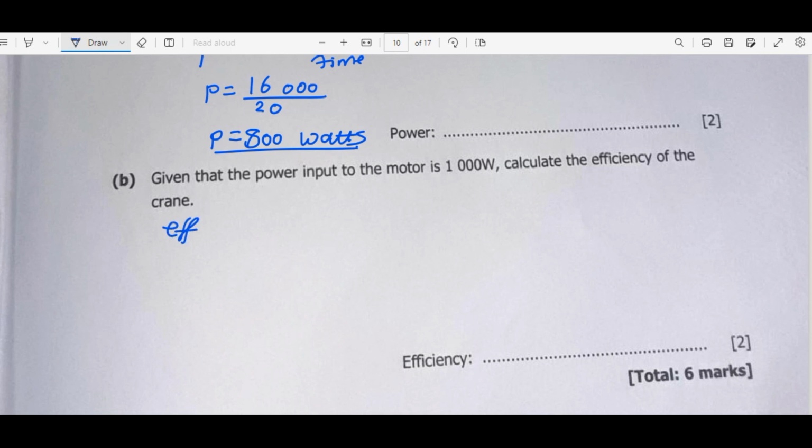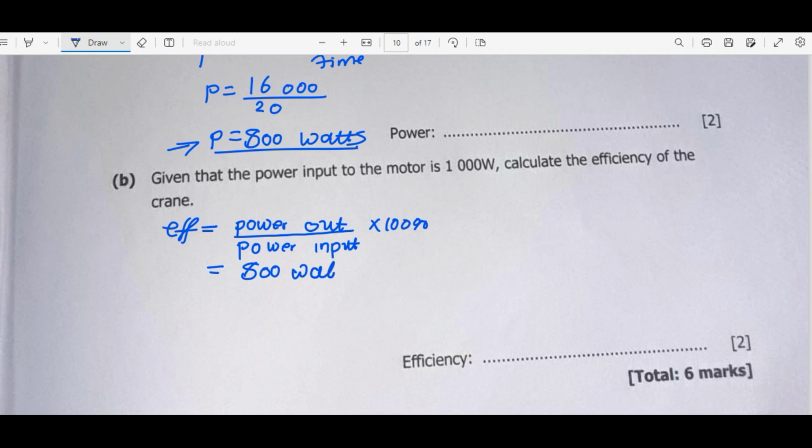Efficiency is equal to power output over power input, then multiply by 100%. The power output is the one that we've calculated. Make sure that as you are making these kinds of calculations, the power output should be less than the power input.